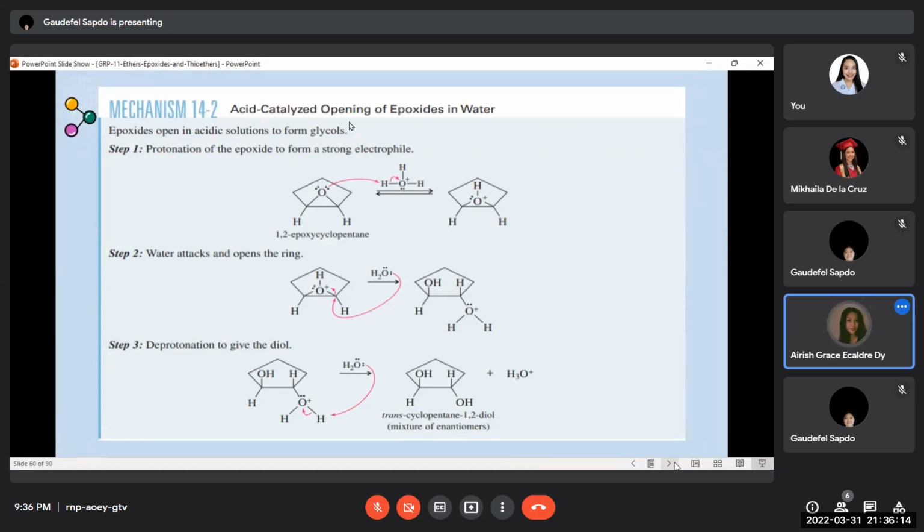So in this picture, the oxygen lone pairs that are tied in the cyclopentane will form a bond with that hydrogen, and the hydrogen forms a bond with the oxygen, this one.